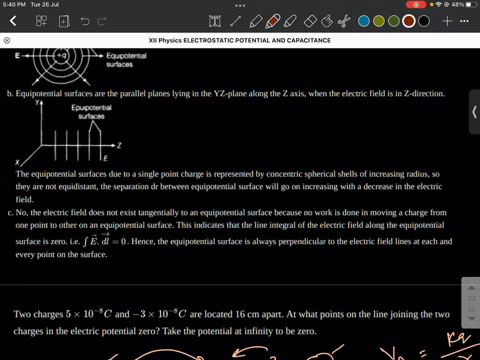So write down this point. The equipotential surface due to a single point charge is represented by a set of concentric spherical shells of obviously increasing radii. So they are not equidistant, and the separation between the equipotential surfaces will go on increasing with the decrease in electric field.